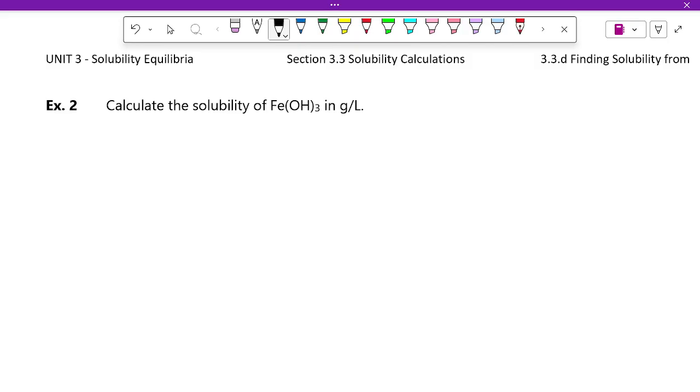It's converted. Let's see if my calculator can.